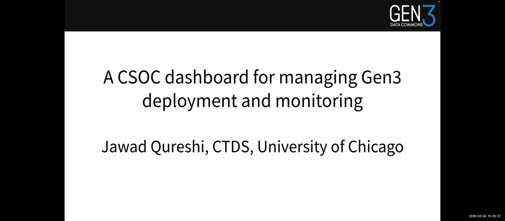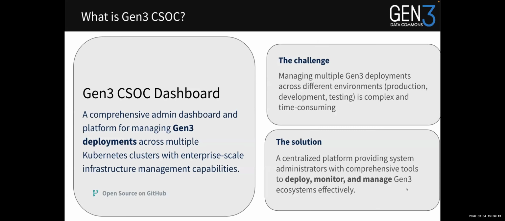So that is still the de facto way of deploying Gen3. The CSOC dashboard basically builds on top of that, in an opinionated way of deploying Gen3. You can do next slide.